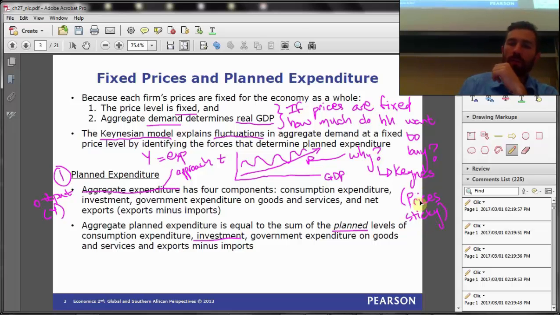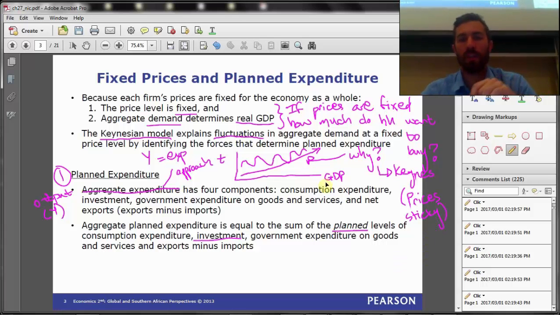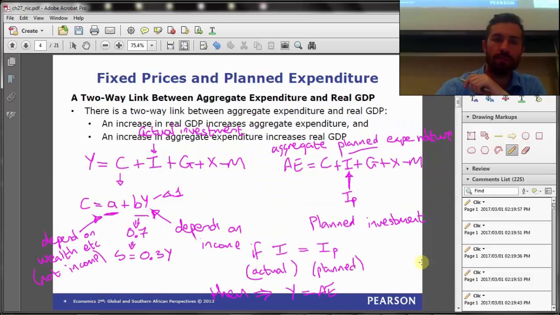And the terminology used was that prices are sticky. In other words, the prices are not adjusting the way they should adjust. So this model was based on the idea that if prices were sticky, how might output adjust?